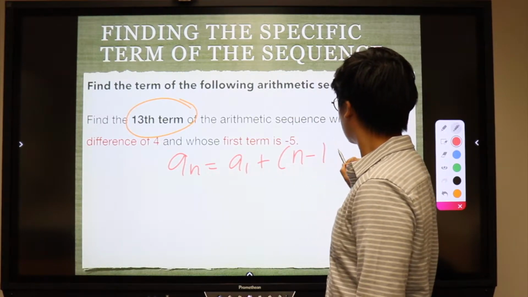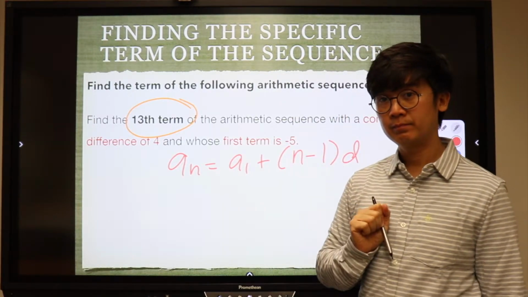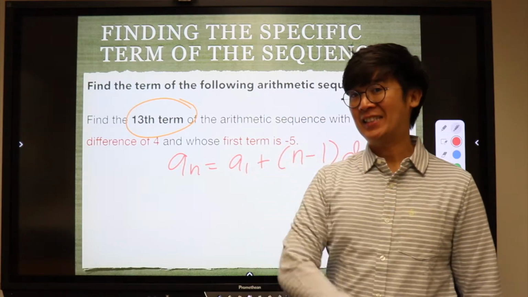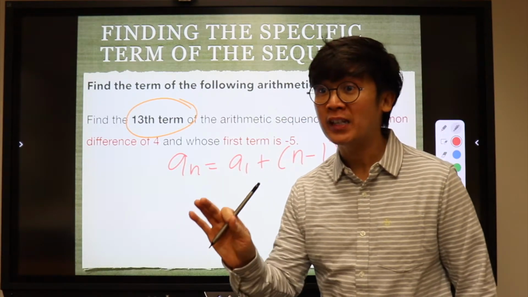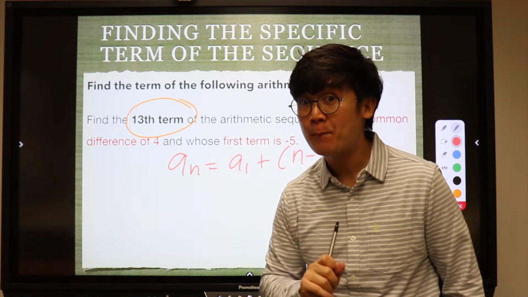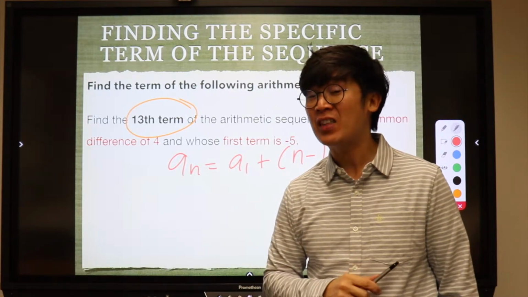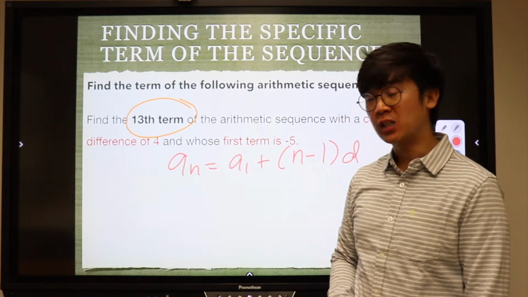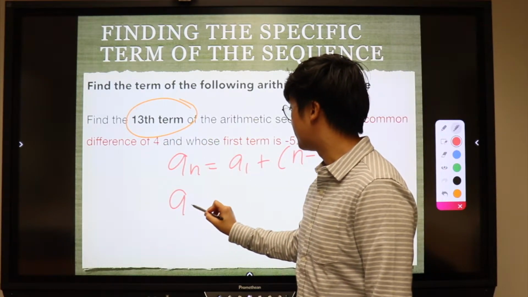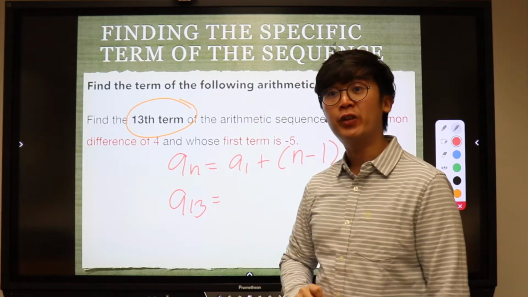So the n is 13. Yes. Now the n will be replaced with a specific number, because now it's not the nth term, it is the 13th term. So you're looking for a sub 13.